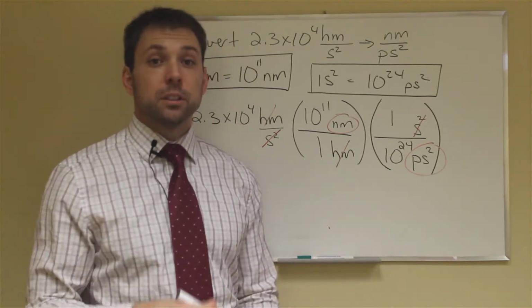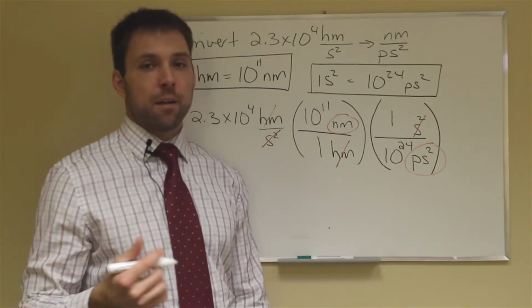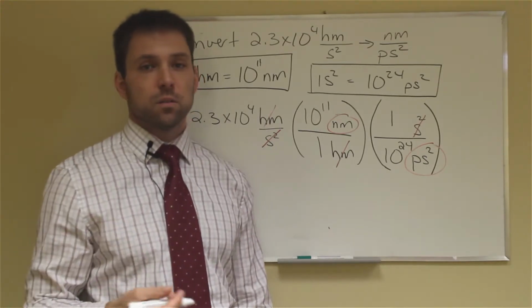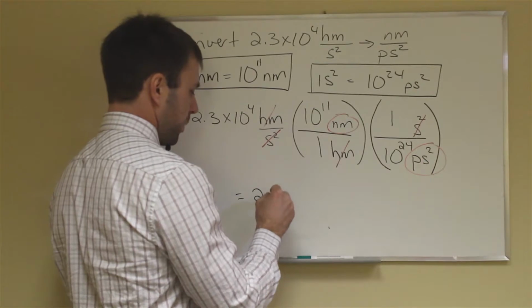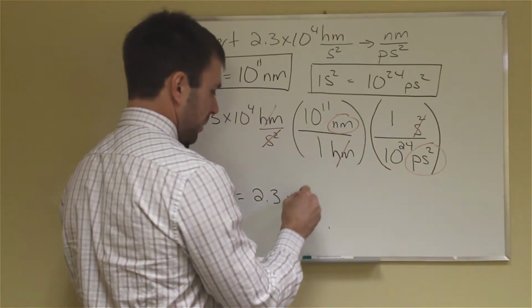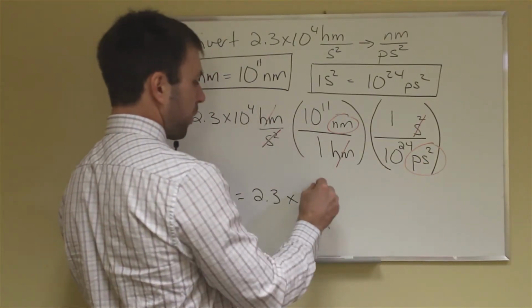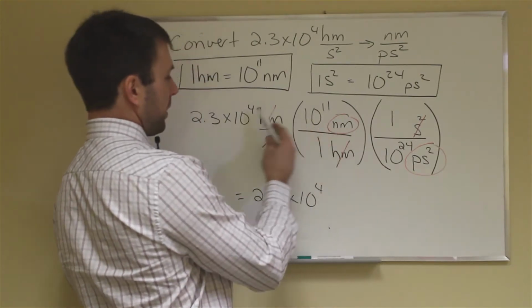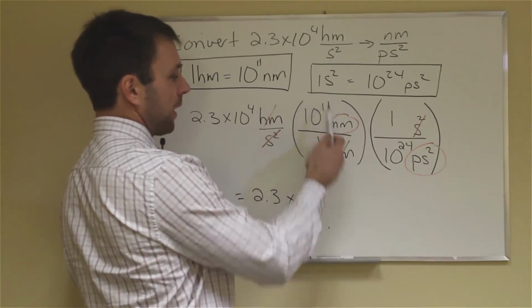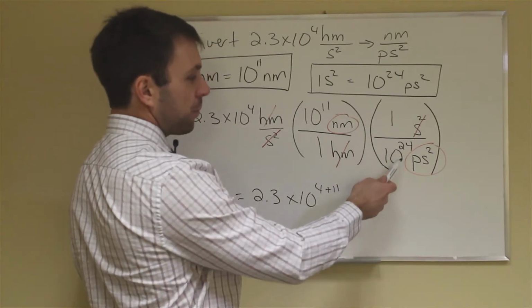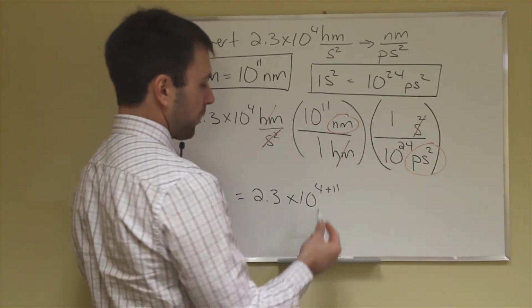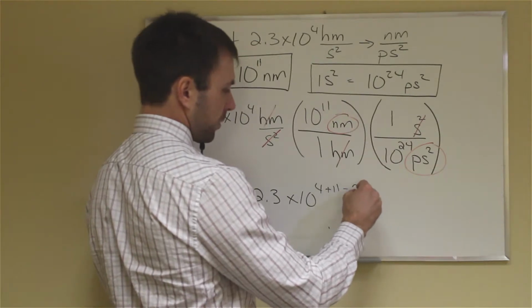The next thing to do is to make sure that I have the right power of 10 with my conversion. So this is going to equal 2.3 times 10 to the power of 4. And then it's being multiplied by 10 to the power of 11, so that's plus 11. And then it's being divided by 10 to the power of 24, so it's going to be minus 24.